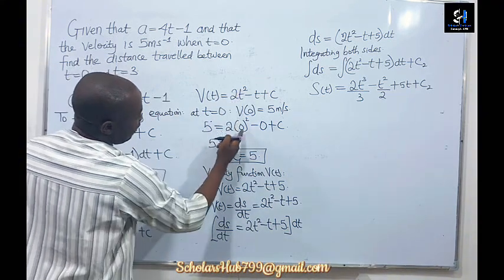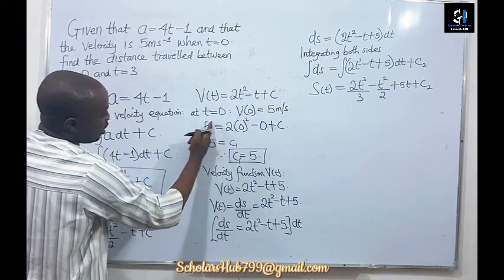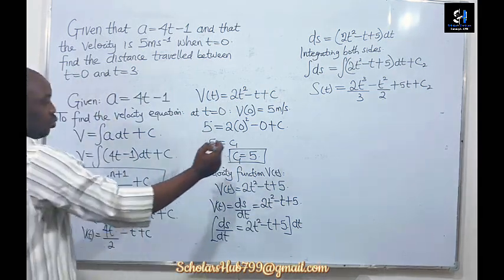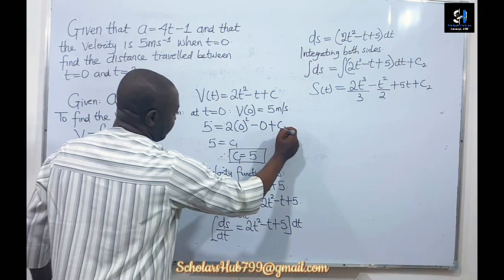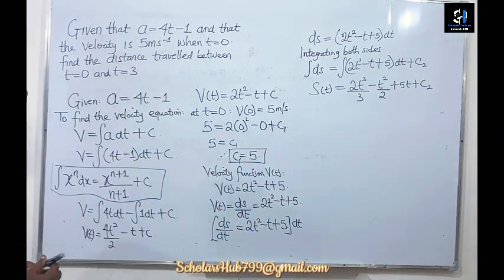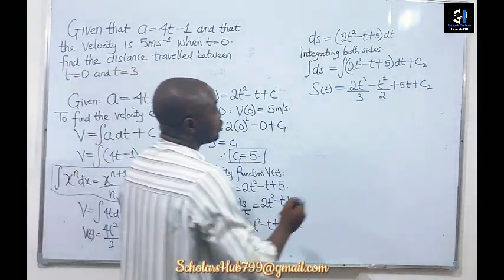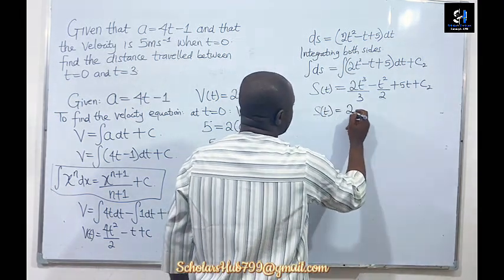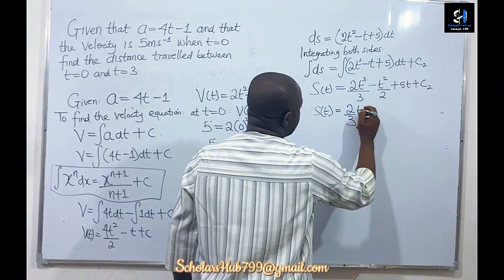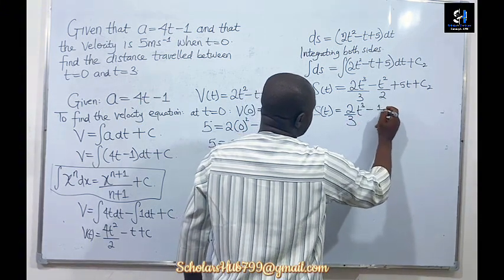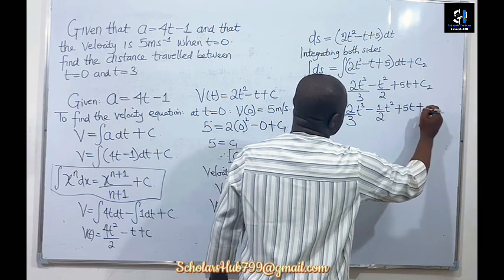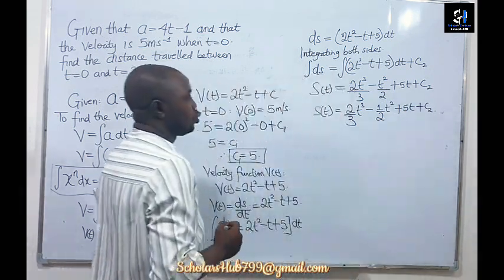So when we plug in t equals 0, the value of v will be 5, and then c1 will be equal to 5. So that's c1. So for c2, we have the distance function to be 2 over 3 t cubed minus 1 half of t squared plus 5t plus c2.